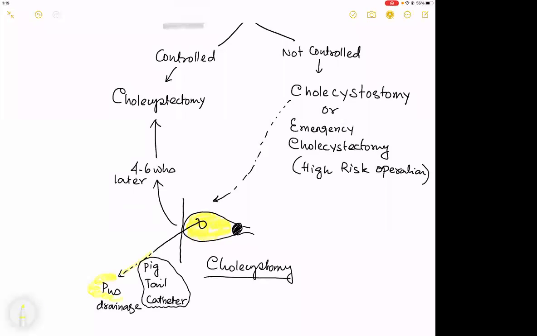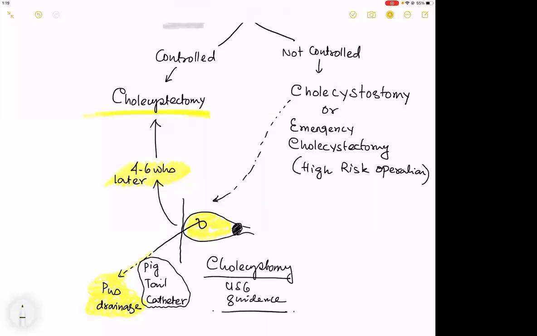So if the pus is out, the sepsis is controlled. If infection is controlled, patient is okay, then wait for how long? 4 to 6 weeks, and then do the gallbladder operation. This is usually done under an ultrasound guidance, and hence no operation. Ultrasound guidance, local anesthesia.